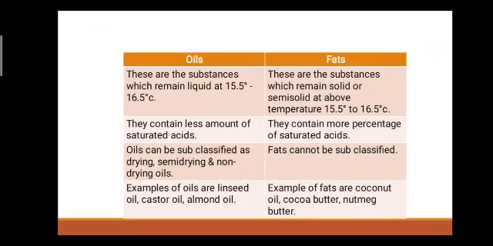Third point, oils can be subclassified as drying, semi-drying and non-drying oils. Fats cannot be subclassified. Fourth point, examples of oils are linseed oil, castor oil, almond oil. And examples of fats are coconut oil, cocoa butter, nutmeg butter, etc.